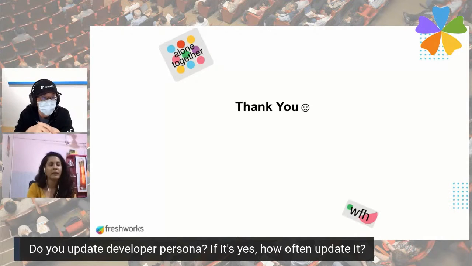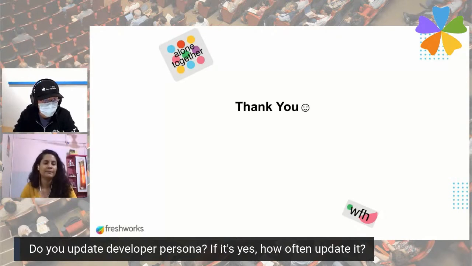If they like it, of course, they go and advocate it to other developers, build a local community, and work together with that product. But it's totally different in the case of Freshworks. Here, developers are not the ones who use the product. They are the ones who provide solutions to our products.